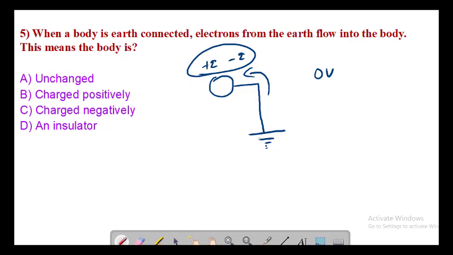If electrons flow from earth to the conductor to bring it to 0 potential, it was previously having positive charge, because of which electrons are flowing in. So we conclude the body is positively charged.